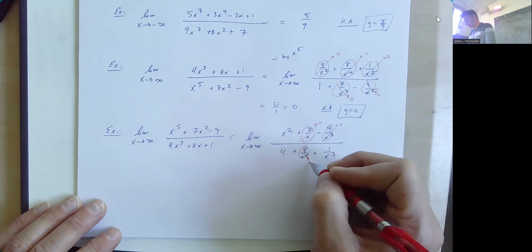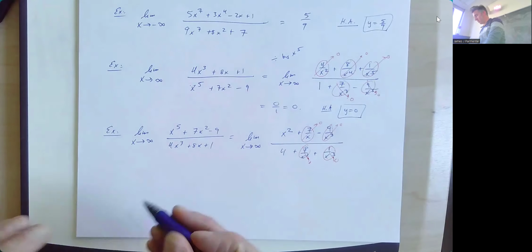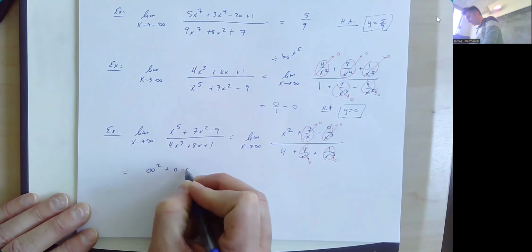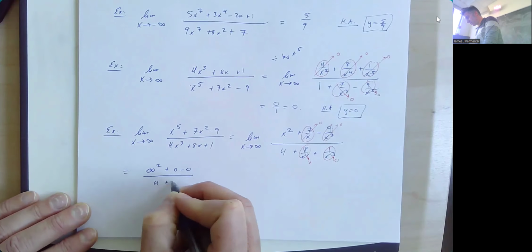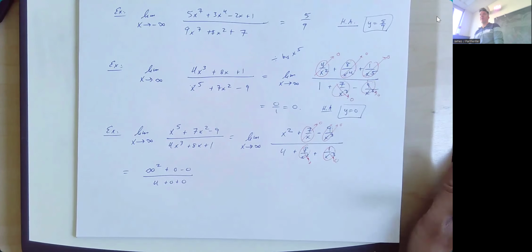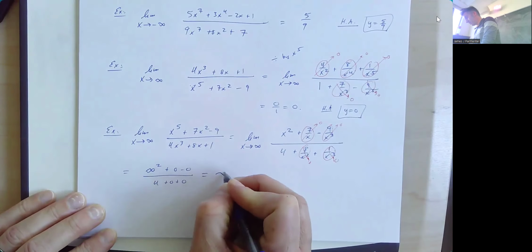But notably, we're still left with an x squared here. So what we really get here, and this is kind of weird to write, is infinity squared plus 0 minus 0 over 4 plus 0 plus 0. And infinity squared is still infinity, and infinity divided by 4 is still infinity. So this is infinity.